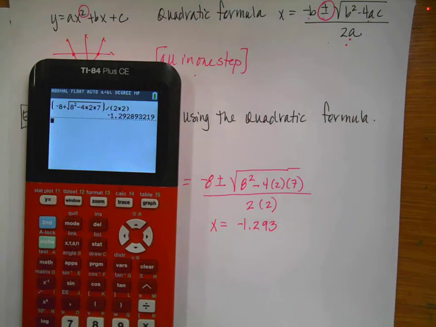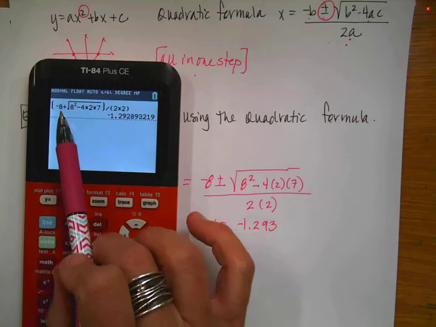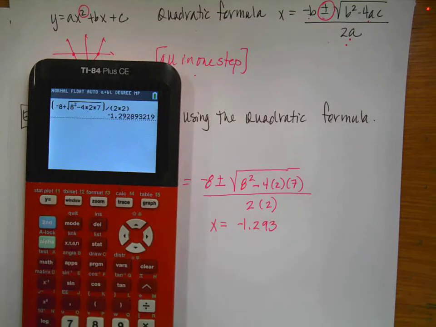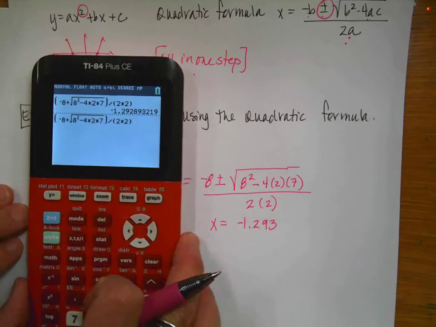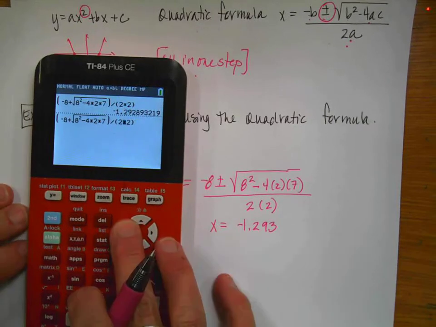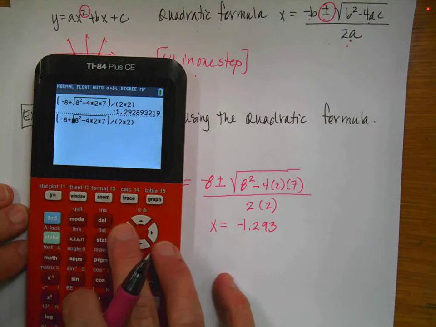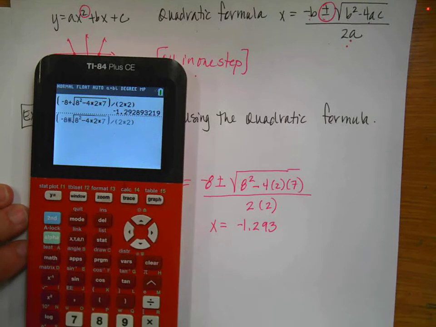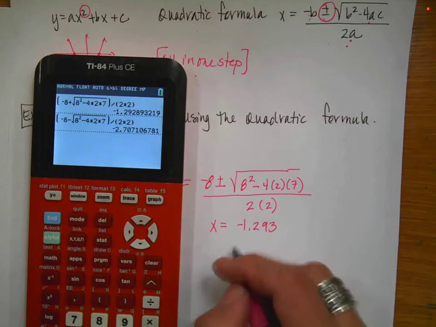Well, I've already entered that once, and the only thing that's going to change is that minus. So I'm going to do second enter, and it's going to bring that operation right back up. I'm going to go over to what was a plus or minus, and I'm going to change the positive to a minus and hit enter.